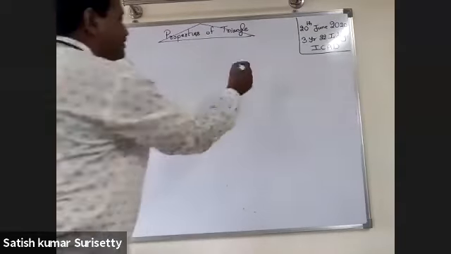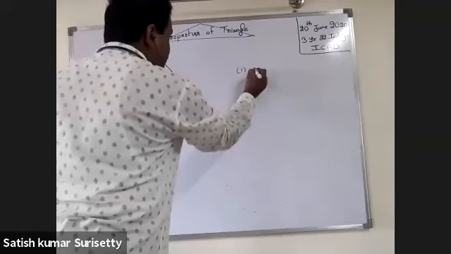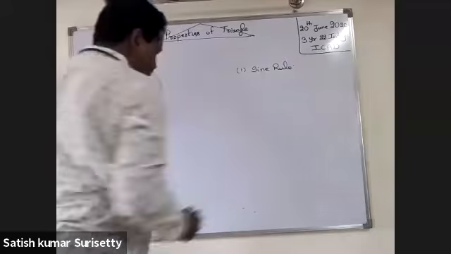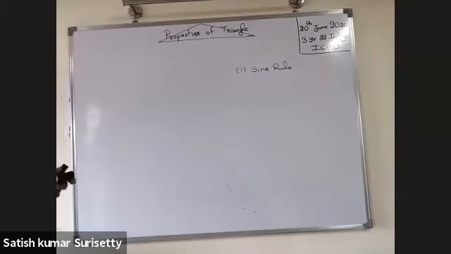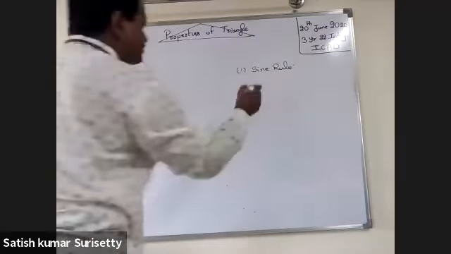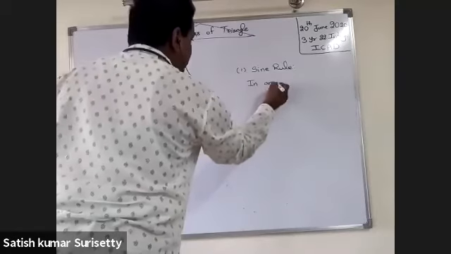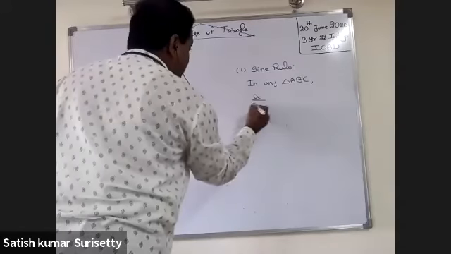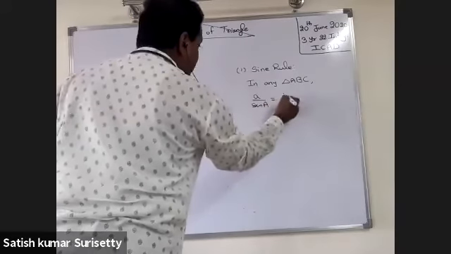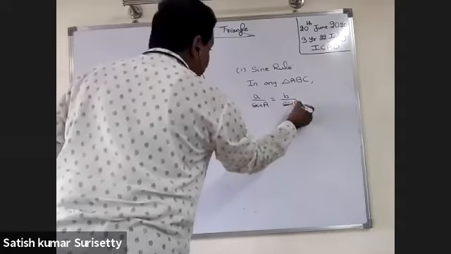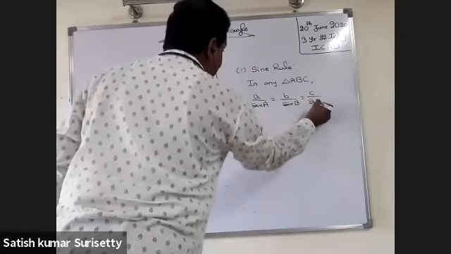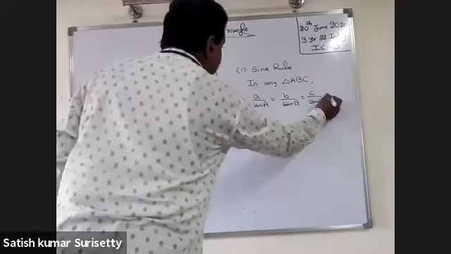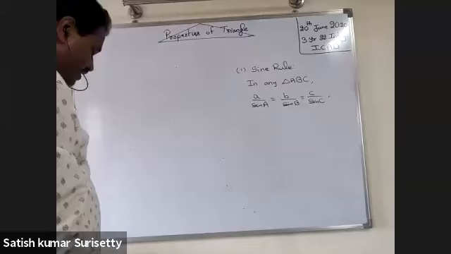First one, sine rule. In any triangle ABC, a upon sin A equal to b upon sin B equal to c upon sin C, where a, b, c are the lengths of the sides of the triangle.